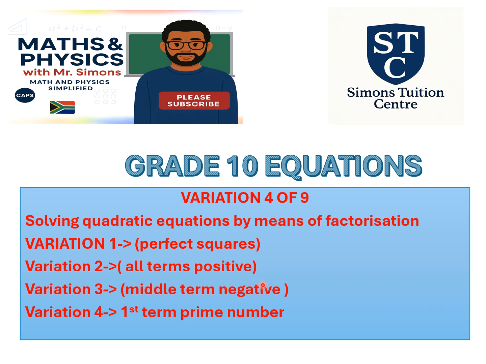We can give you where the middle term is negative. Can give you where the middle term is negative and the last term is negative, which I haven't done in this. Can give you where the first term is a prime number, and then we can give you where the first term is a value greater than 1 but not a prime number. But I'm just looking at the four basic variations to ensure that your classwork is covered.